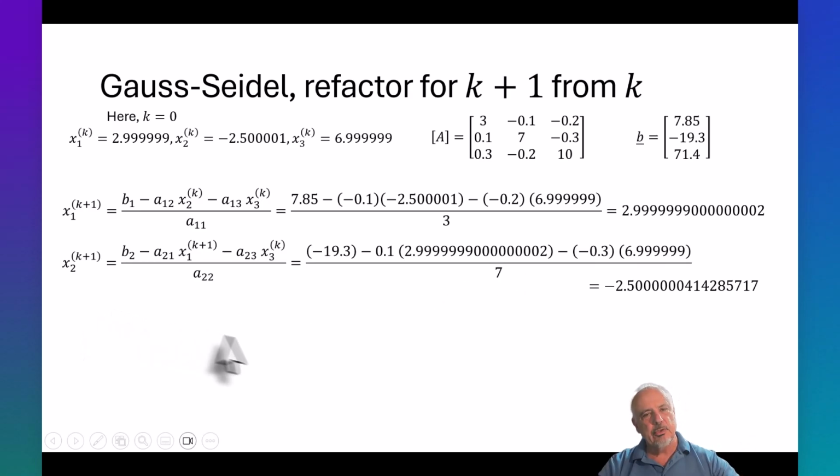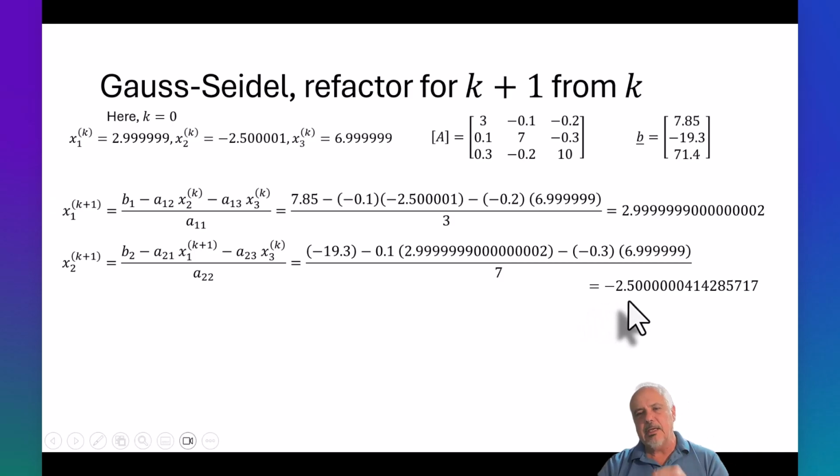The next x2 will depend on the newest x1 and the oldest x3, with the values to be 2, for example, minus 19.3, A22 is 7, and then of course I have the A21 and the A23 that I'm bringing in, coupled with the x1 and the x3, the newest x1 with the old x3.